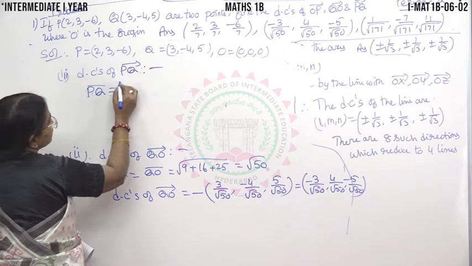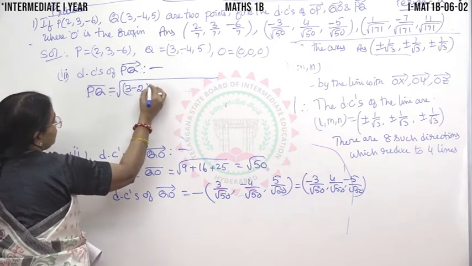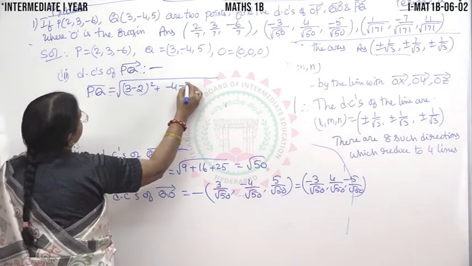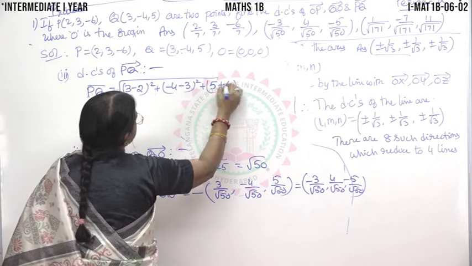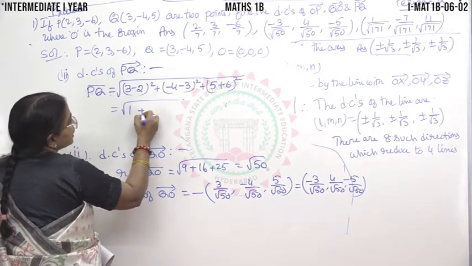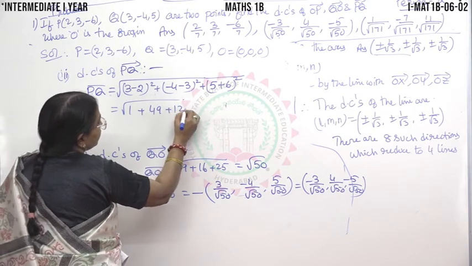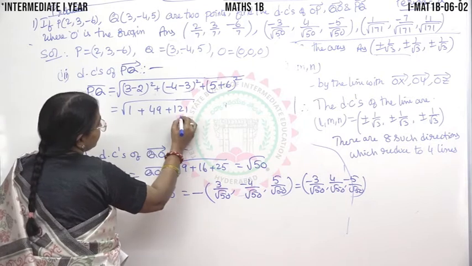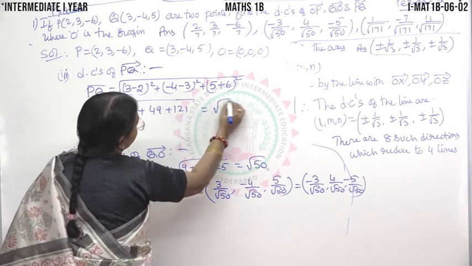PQ distance is root of x2 minus x1 whole square plus y2 minus y1 whole square plus z2 minus z1 whole square. So it is root of 1 plus 49 plus 121, which is 171. So this is root of 171.